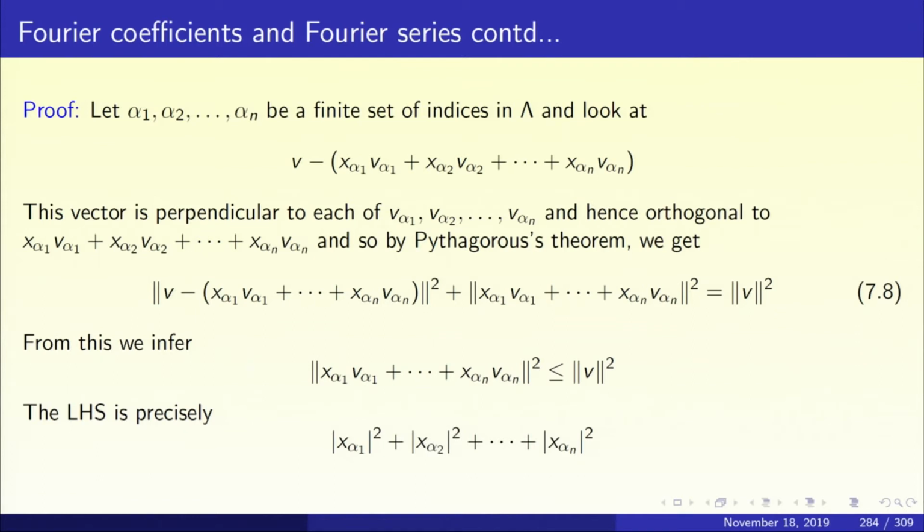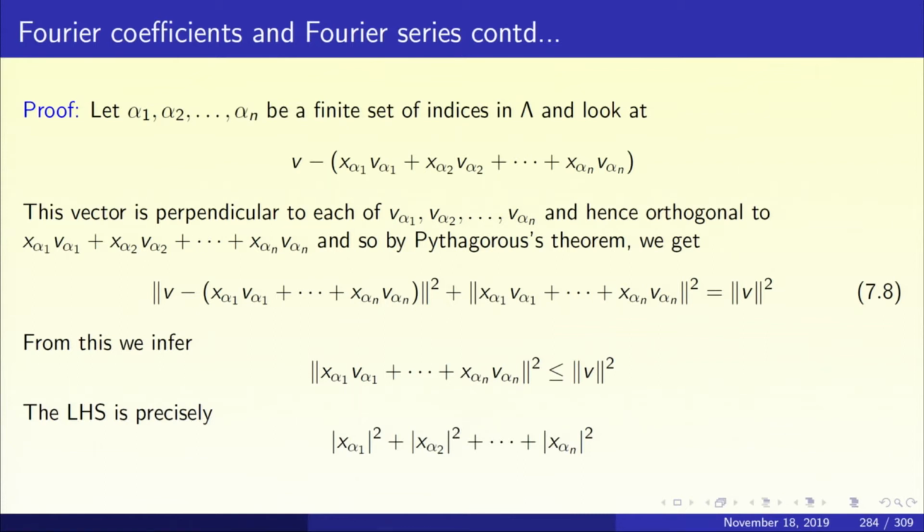So, let us take this difference. This vector is perpendicular to each of the vectors v alpha 1, v alpha 2, etc., v alpha n. So, let us check this. Take this difference and take the dot product with v alpha 1.